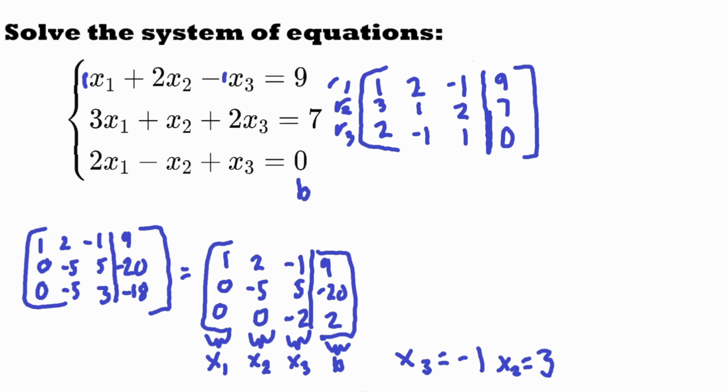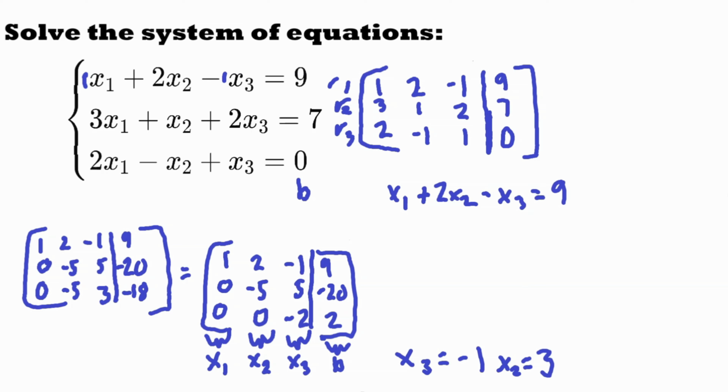Now time to find the last one, our x1. So for that, let's use the first row. So 1x1, I'm just going to write x1 plus 2x2 minus x3 is equal to 9.